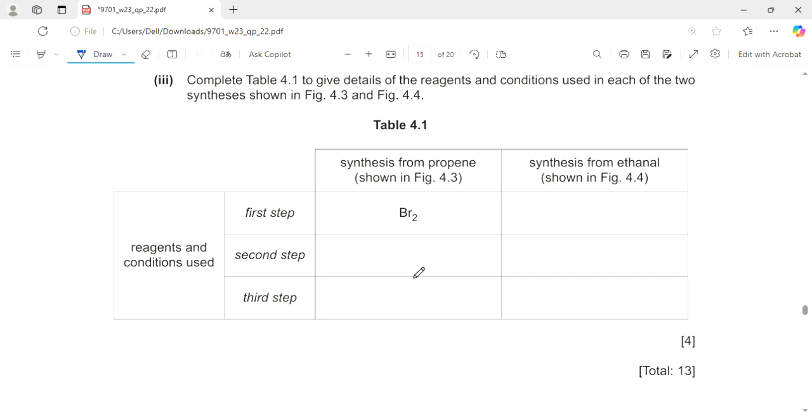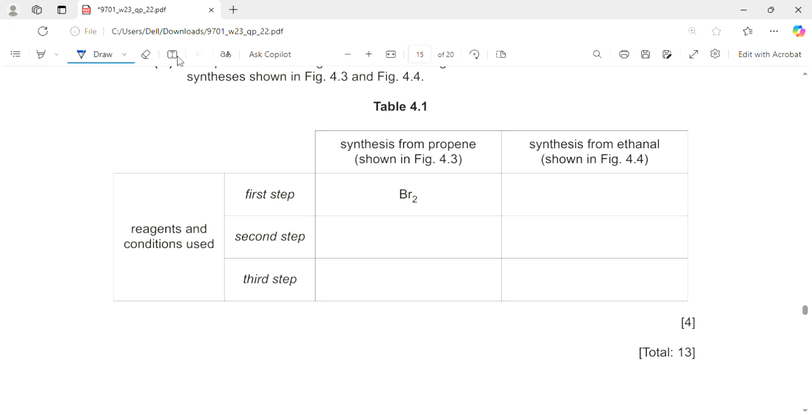So you can write, I think I should write in text mode.